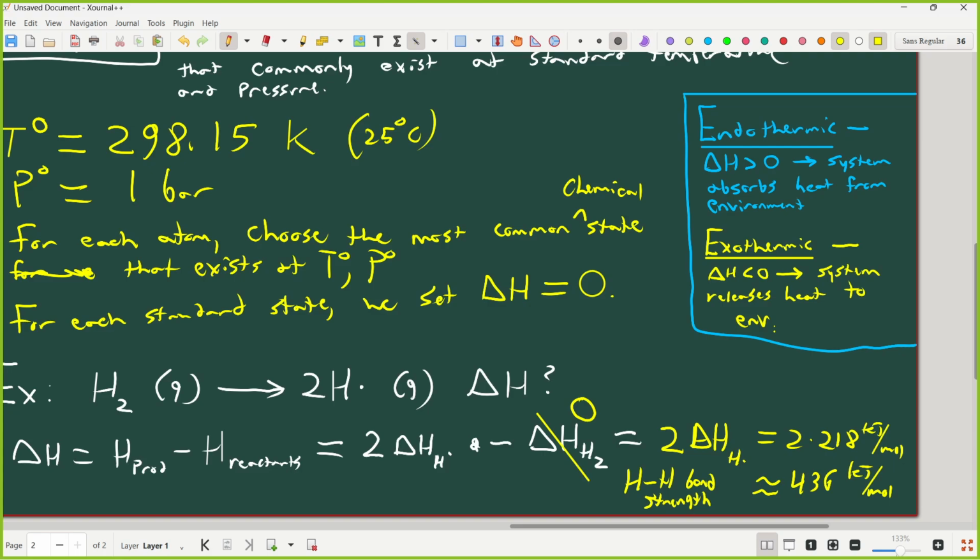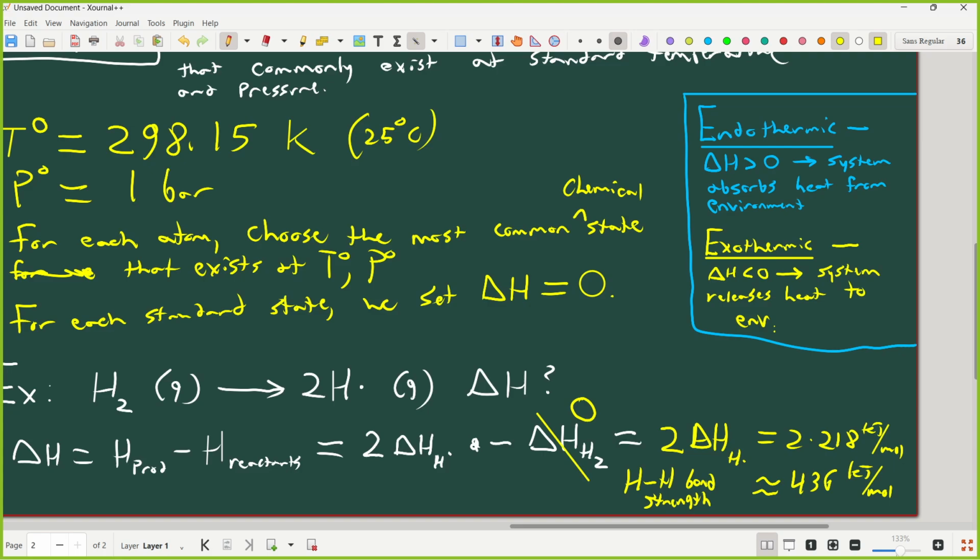Now, we have to be careful with the term stability, because stability implies something about time. Something that's stable is something that lasts a long time, and how long H atoms last depends on the conditions of the system. H atoms are extremely stable in the cold universe, out in the middle of nowhere in a vacuum.